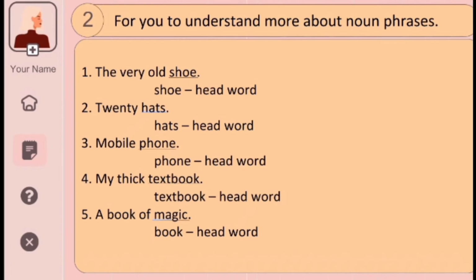What kind of magic is it? A book magic? No. What kind of book is it? Well, it's a book of magic. So therefore, we can recognize that book is the head noun and magic is not.